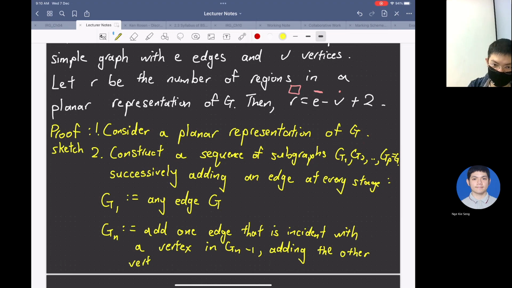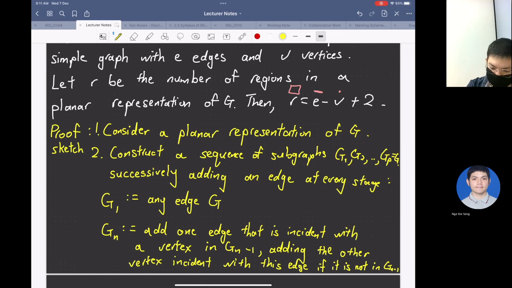Let me draw one example for you to see what is going on here. This edge in the previous graph.